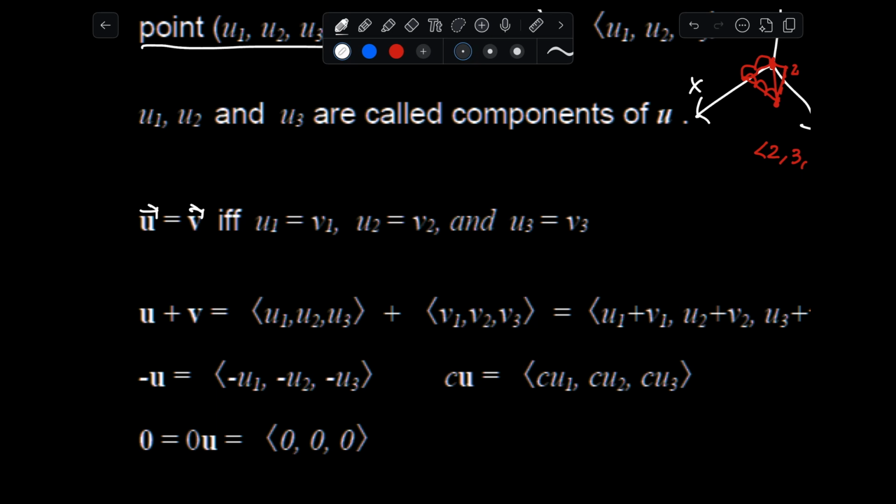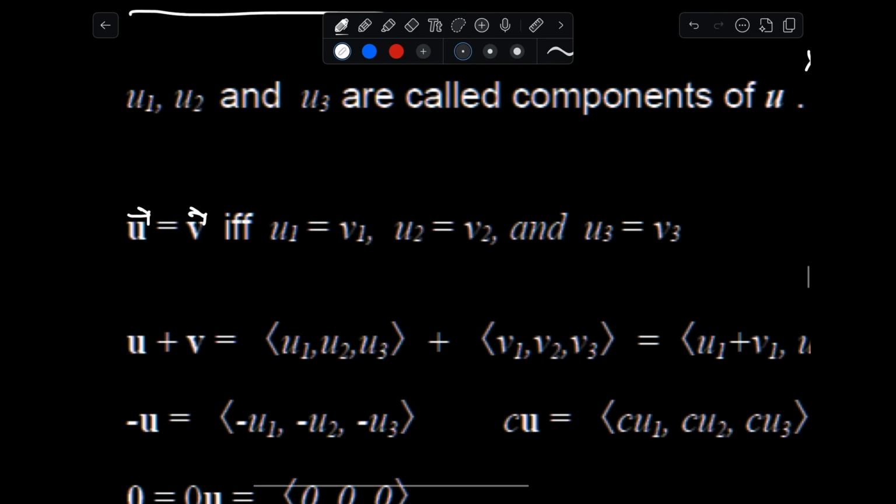So what that means is you have components that are necessary, but if only one of them exists, it's not necessarily sufficient, right? So in this case, it would be saying the vector u equals the vector v if and only if u1 equals v1, u2 equals v2, u3 equals v3, right?